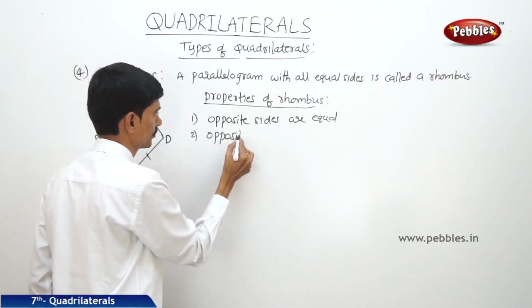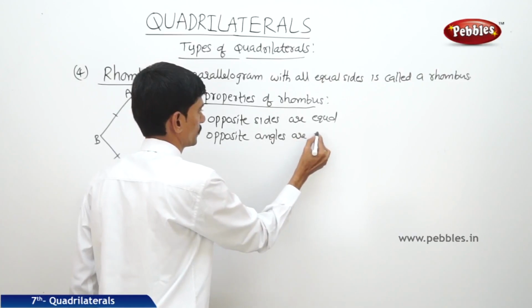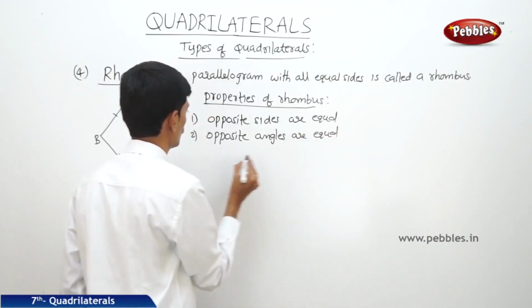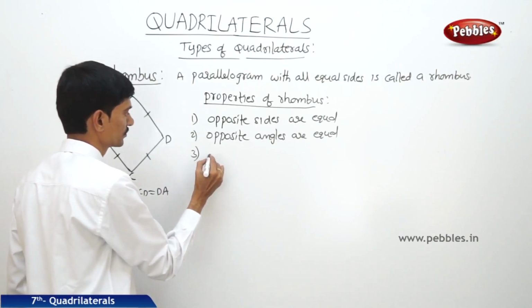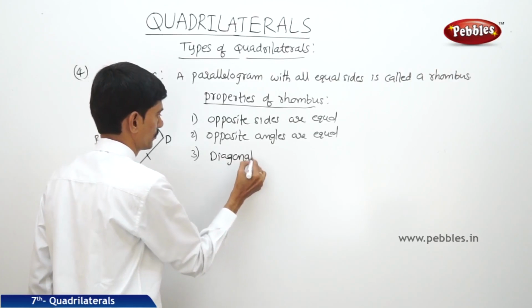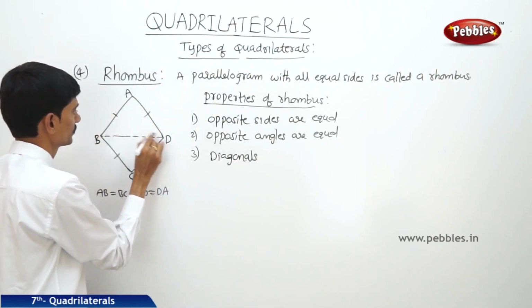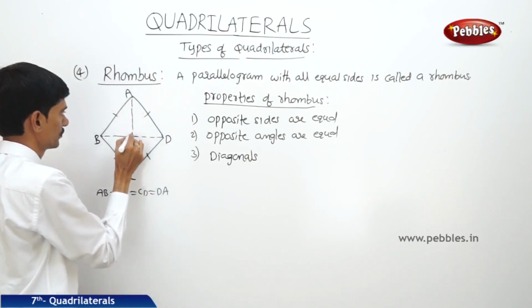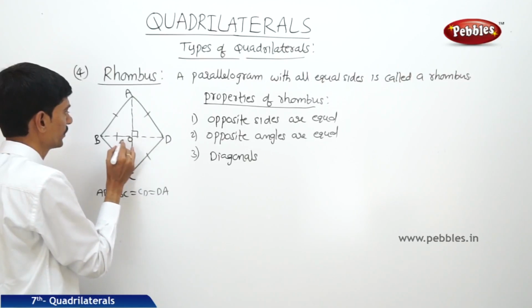Opposite angles are equal. And the third one, diagonals perpendicularly bisect each other. So they not only bisect, but also perpendicularly bisect each other.